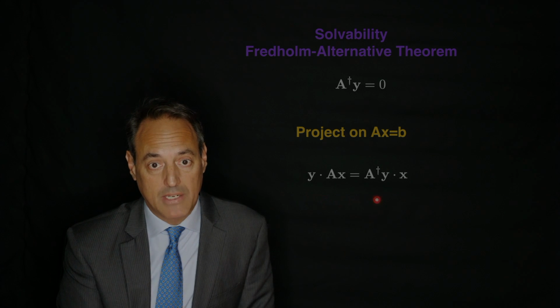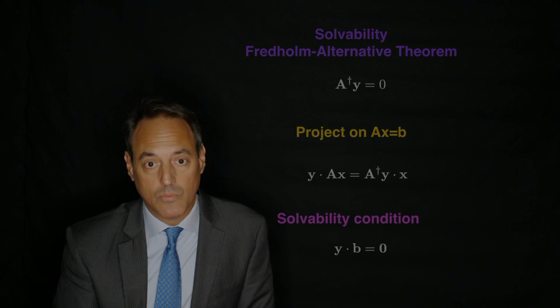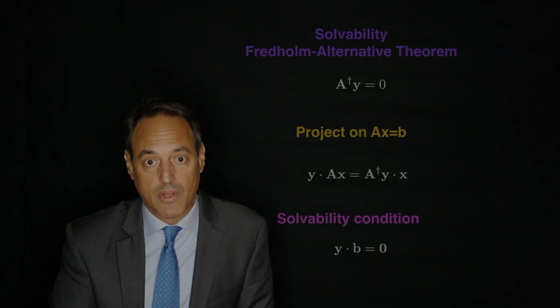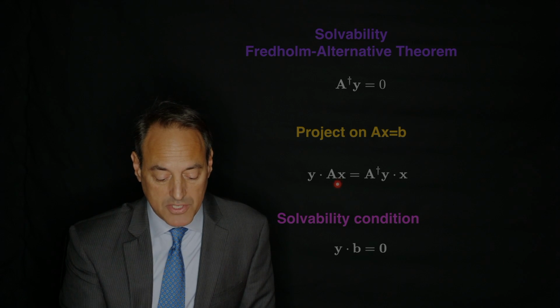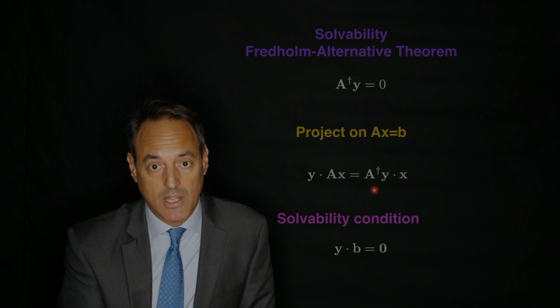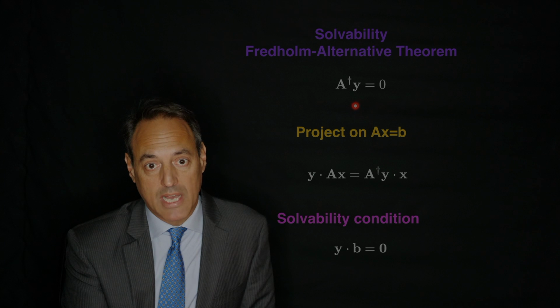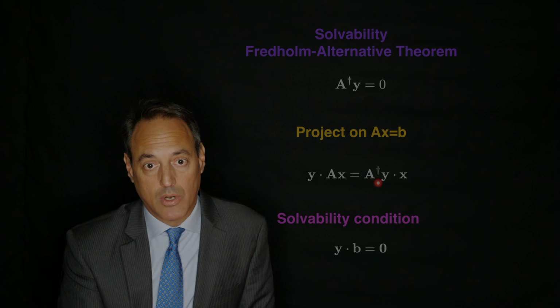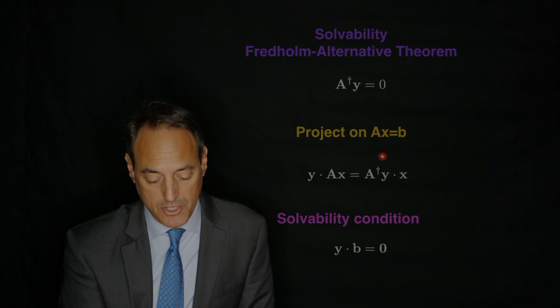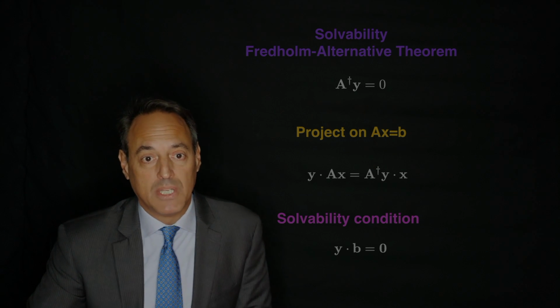Therefore, if I go back to the original Ax = b problem, this Ax here is equal to b, so I have on this side y dot b. On the other side, this is A adjoint y, but that's equal to 0 because that's how I defined it. So this is 0 dot vector x, so this is 0. So ultimately you end up with this condition here, that y dot b is equal to 0.